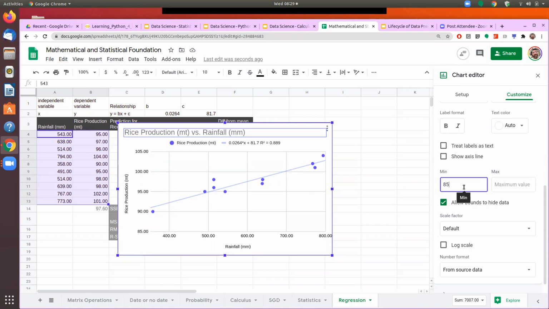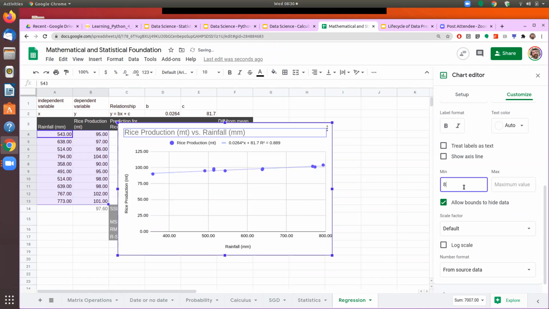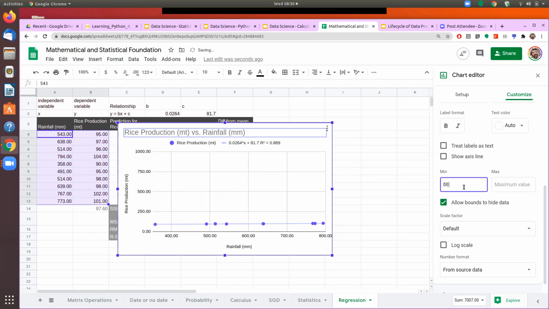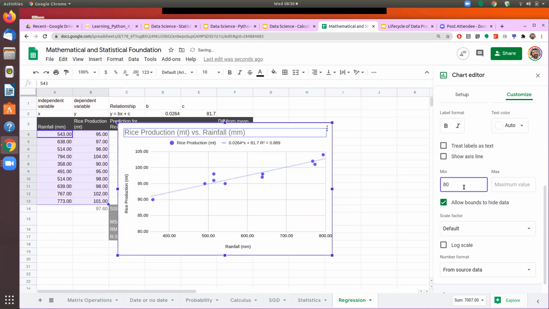Maybe we can say 85, 80, minimum you can actually go up to 89 and that will give you larger space. That is all which I did.